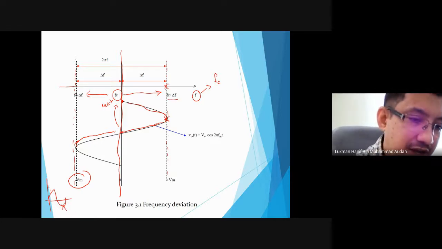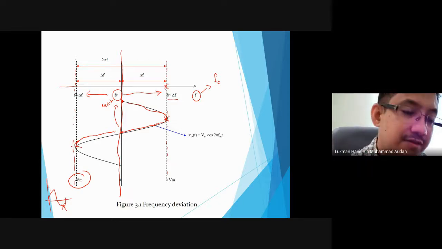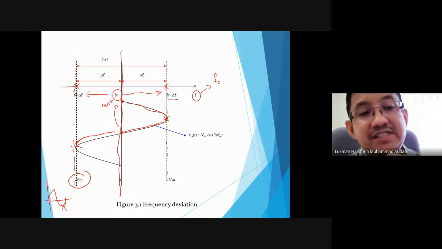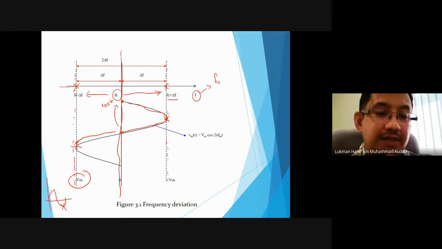Okay, so at negative maximum of VMT, what happened to the carrier frequency? The carrier frequency is at the maximum negative. That means it's located at Fc minus delta F, yang paling bawah, the minimum. That means the frequency of the carrier becomes minimum at that time.